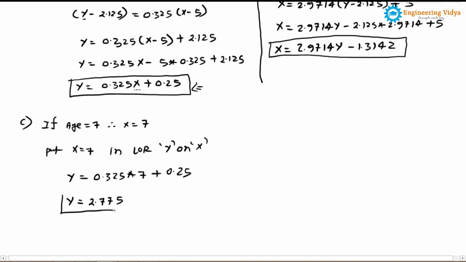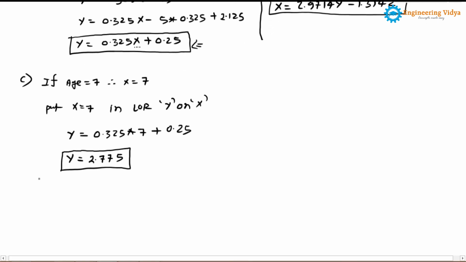So here we have successfully completed this calculation. Hope this is clear to you now. Y equals 2.775, and y is the annual maintenance cost. Therefore cost is equal to 2.775.